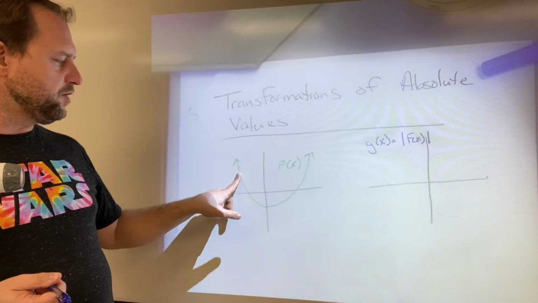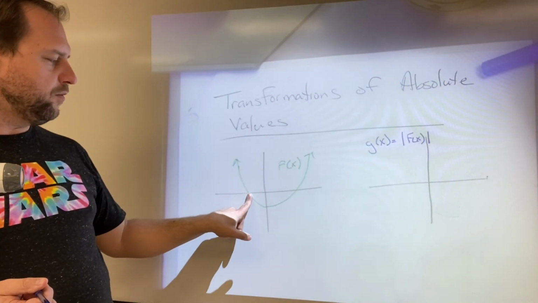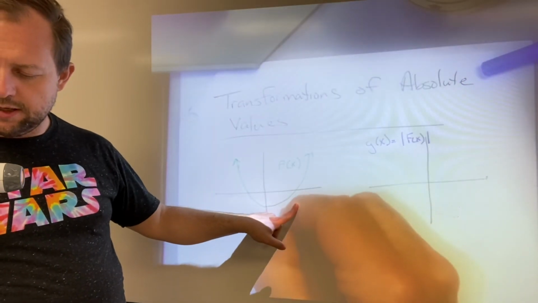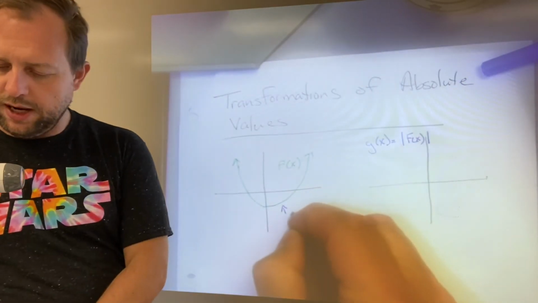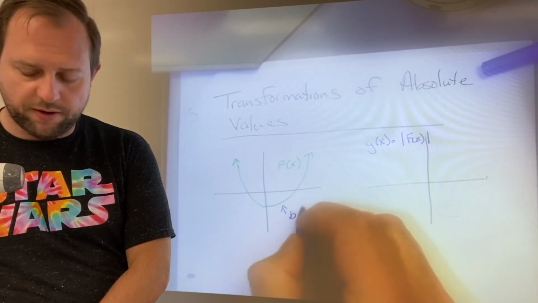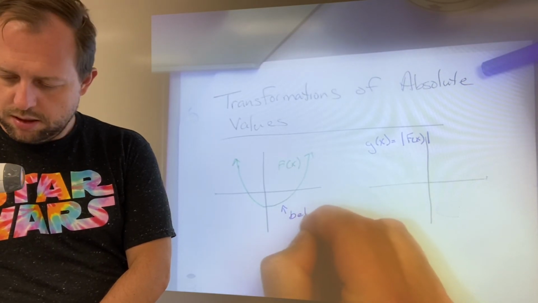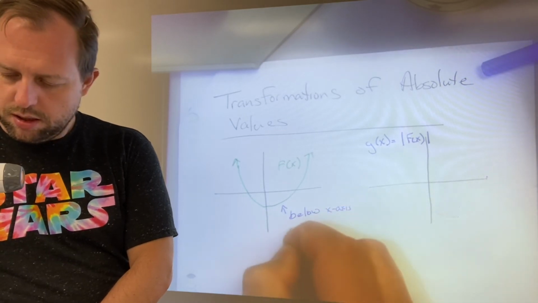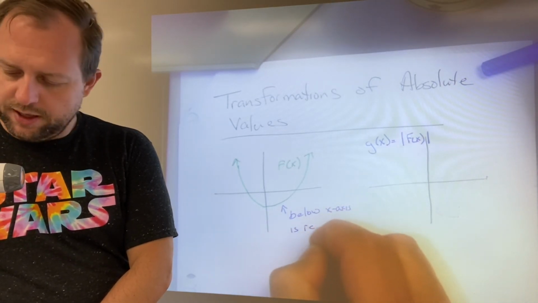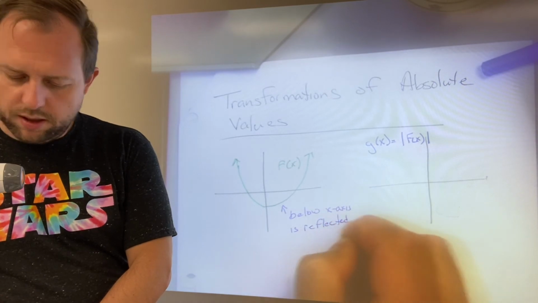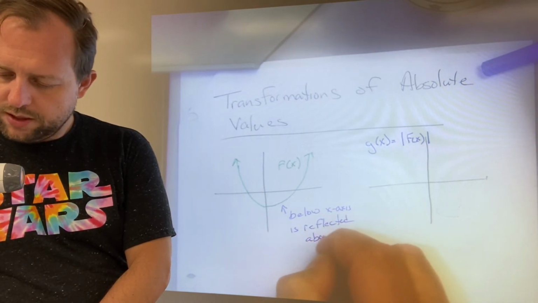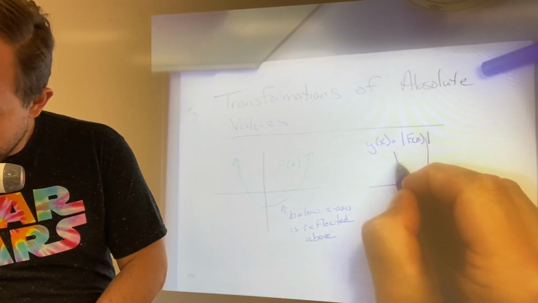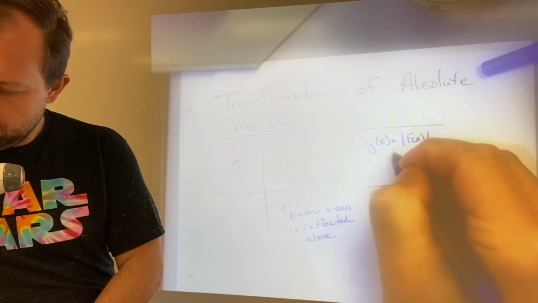So we have positive values coming out, and when it dips negative, that piece that's below the axis is going to be flipped or reflected above the axis. So it'll be reflected above. So our graph, same graph until we get to boom.